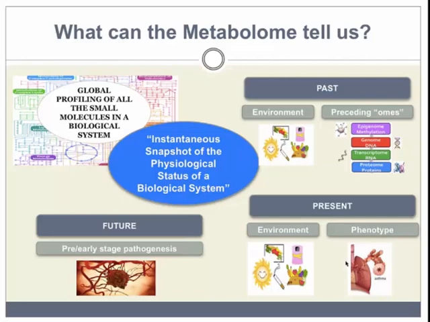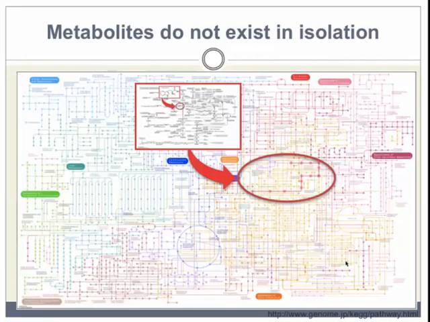So in that context, another thing I want us to consider is this whole concept that metabolites do not exist in isolation. And that is, each individual small metabolite is part of a metabolic pathway that is doing something meaningful. But that metabolic pathway sits within the context of the entire metabolome, which is really monitoring so many aspects and biological systems in our body.